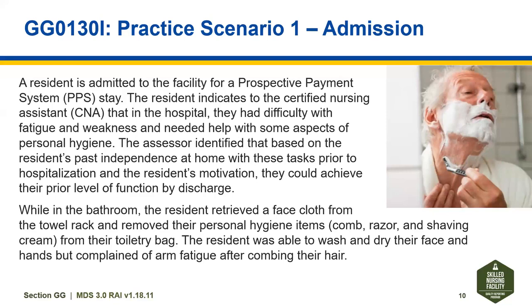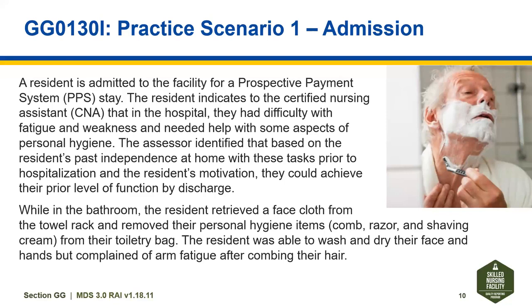The assessor identified that based on the resident's past independence at home with these tasks prior to hospitalization and the resident's motivation, they could achieve their prior level of function by discharge.